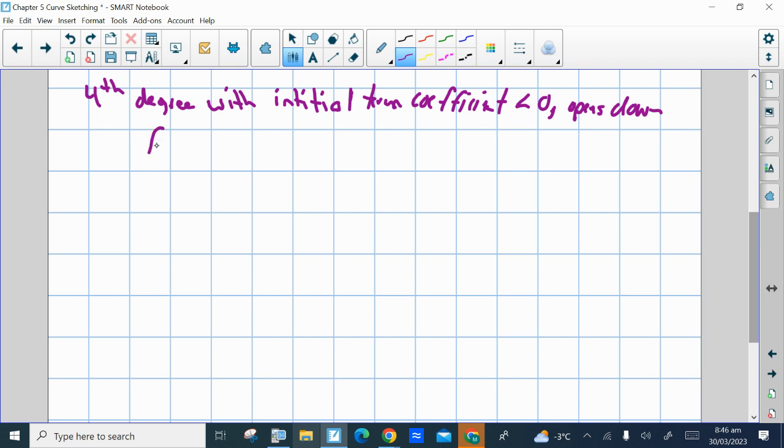It'll fall to the left and right. So we know that in that first interval, it's going to rise up to a maximum. In the last interval, you're going to have a maximum point, and then it's going to fall after that. But we need to find out what those intervals are.